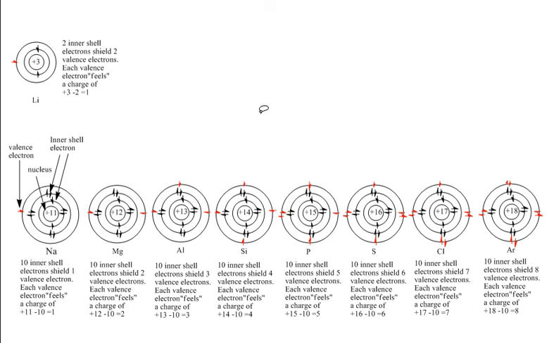What this means is, as we go from left to right, the electrons tend to be held more tightly. It's harder to lose them. And we've seen this before in some of the chemical reactions of these elements. Sodium has a very easy time losing this one valence electron compared to magnesium or aluminum because it feels a smaller effective nuclear charge and is held less tightly.